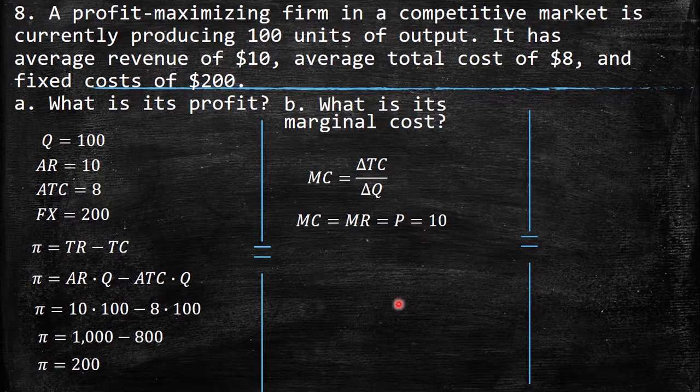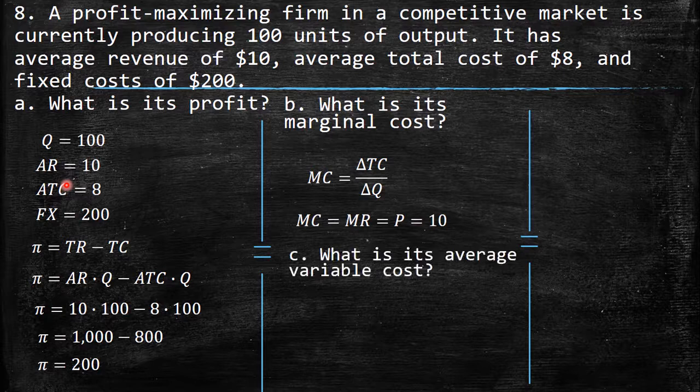Basically, in the condition of a competitive market, the price is exactly the same as the marginal revenue and exactly the same as the marginal cost. And because we already have that the marginal revenue is exactly the same as the average revenue, we will find that the marginal cost is going to be 10.